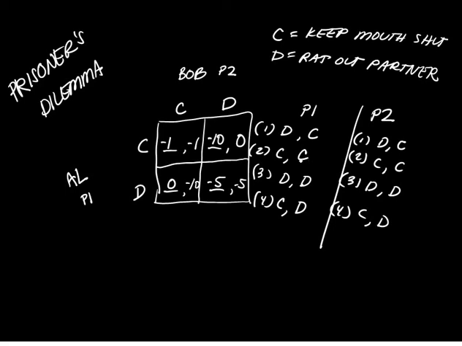If the other side cooperates, he can either be in position 2 or position 1. He's always going to want to be in position 1. If the other side defects, he can either be in position 4 or position 3. He's always going to want to be in position 3 versus position 4. No matter what the other side does, his best case scenario involves defecting or ratting out his partner.